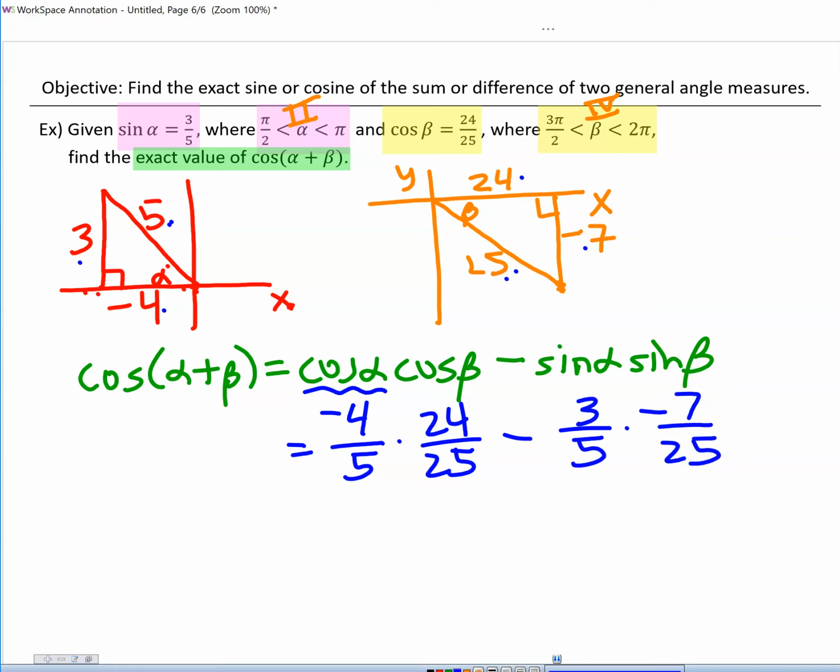So now I'm going to do my multiplication. Again, I'm just following order of operations here. So I have negative 4 times 24, so it's going to be a negative, and it's going to give me 96. 5 times 25 would be 125. Then I have minus 3 times negative 7 gives me negative 21 over 125.